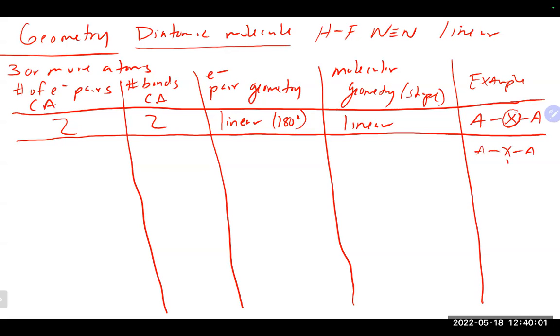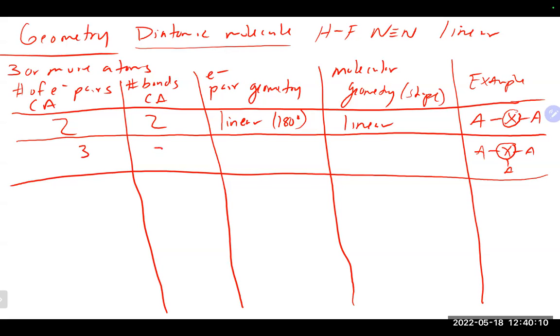The next geometry that we looked at was a situation where you had a central atom and 3 things attached. Central atom again has 3 electron pairs and 3 bonds. That is what is known as trigonal planar. It's about 120 degrees. The molecular geometry is also trigonal planar.